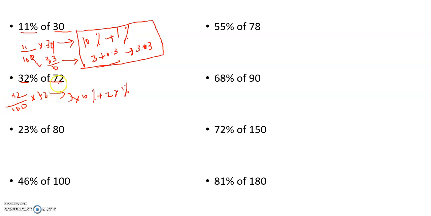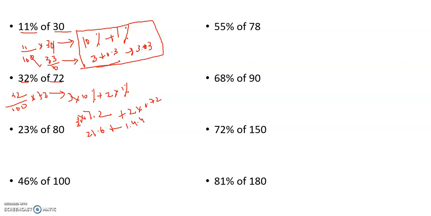For 72, 10% is 7.2 into 3, plus 2 into 0.72. 3 7s are 21, so 21.6, plus 0.72 into 2 is 1.44.